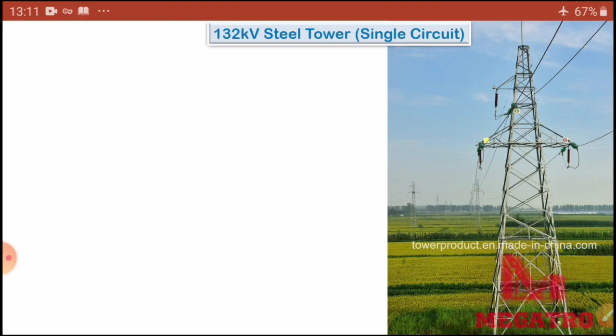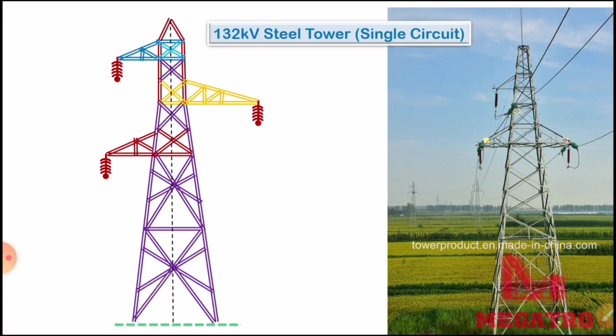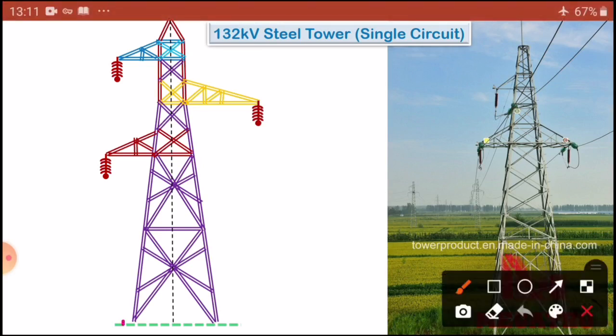Okay, so first of all, here you can draw this length, you take this length here, this structure I am going to draw. Okay, so what to do here, you will give the length. So generally this 132 kV tower base length is 4 meters you will give.